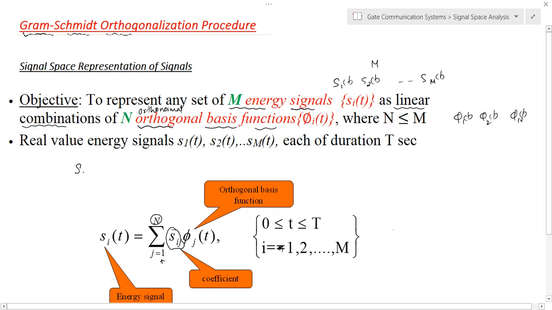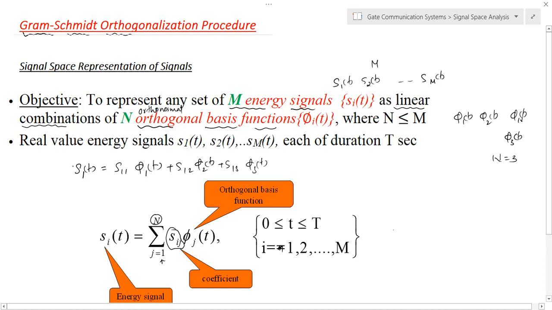For example, if you want to represent a signal S1 of t, you can write S1 of t as a linear combination of phi 1 of t. Assume that there are three basis functions, or the value of n is equal to 3. Then you can represent S1 of t as S11 phi 1 of t, plus S12 phi 2 of t, plus S13 phi 3 of t.